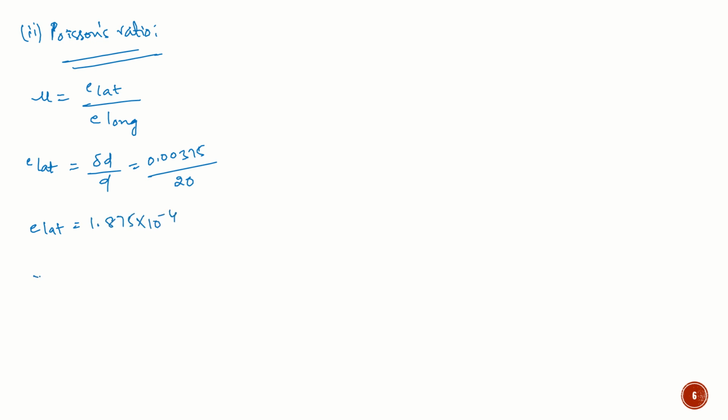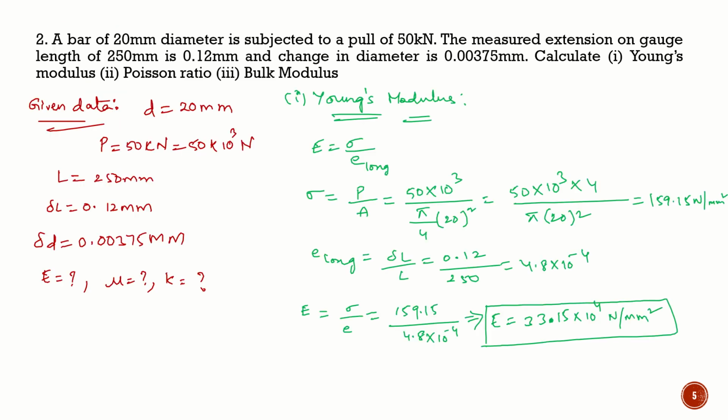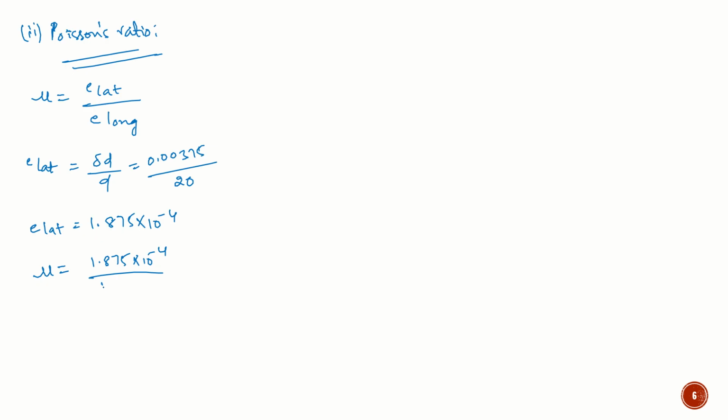Now we will calculate the value of mu. Mu is equal to 1.875 into 10 power minus 4 by the longitudinal strain. What is the longitudinal strain we got here? 4.8 into 10 power minus 4. Both will get cancelled, so our mu value comes out to be around 0.39. This is how you calculate the value of Poisson's ratio.